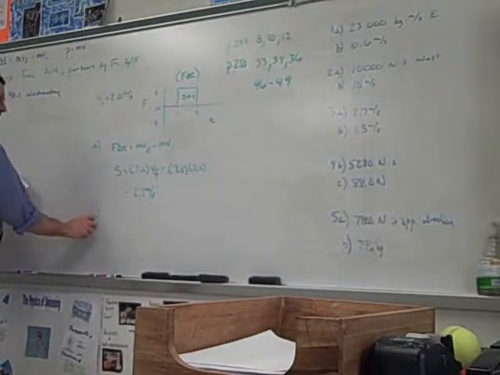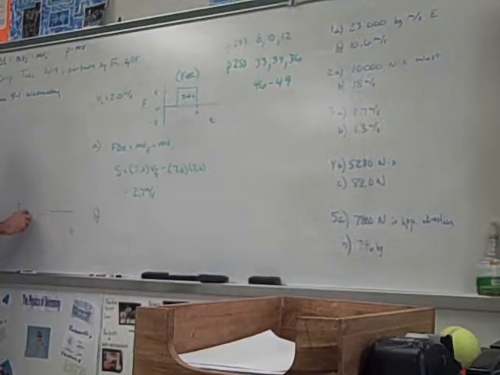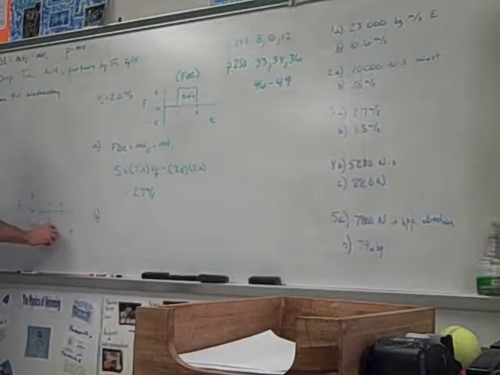And then for part B, instead of the graph looking like that, it's flipped on the x-axis. So this is your graph. So now the impulse is negative 5.